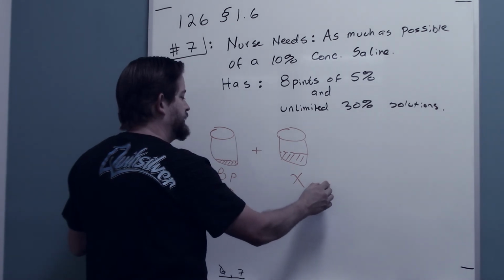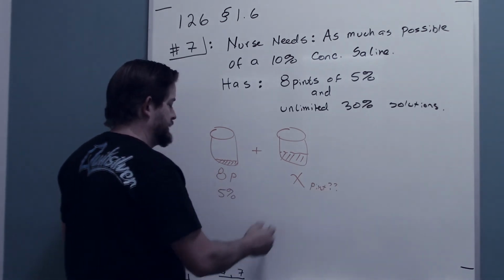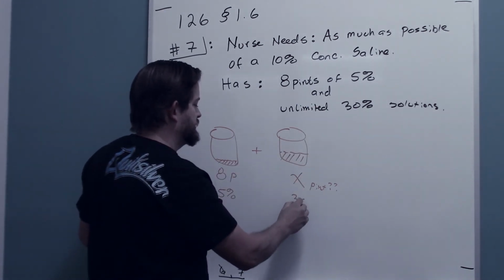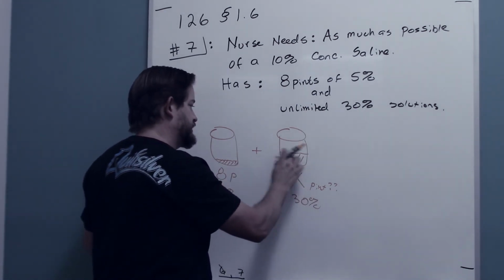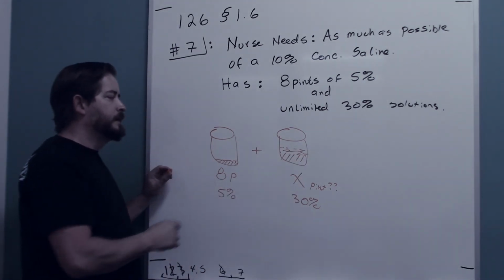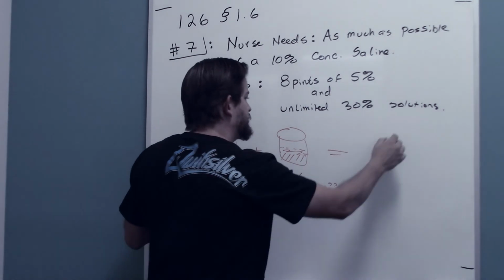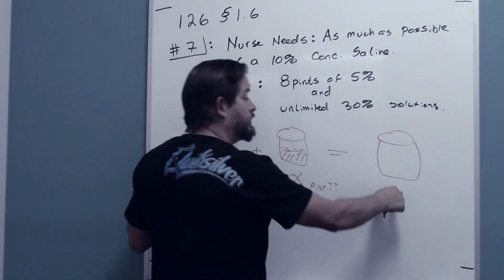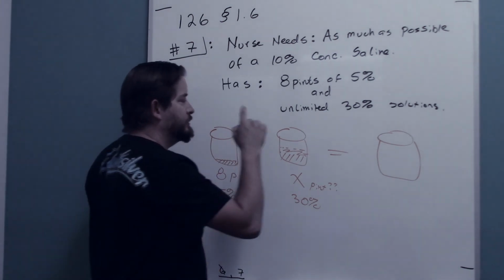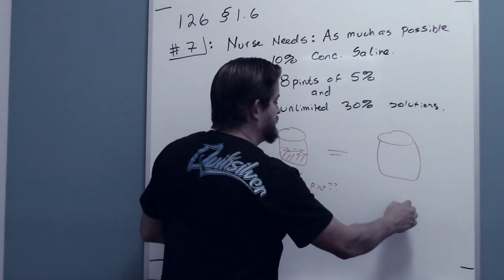I don't know how much to use of my 30% solution. Oh, it's a 30%, so it's going to be more than that. I'm mixing these two together to create as much of a 10% solution as I can get.